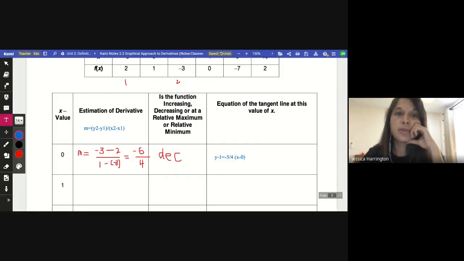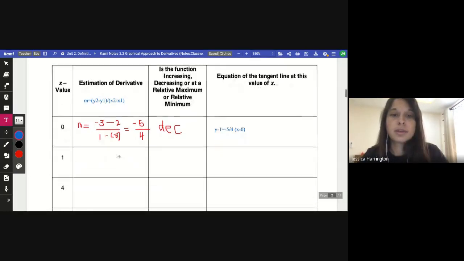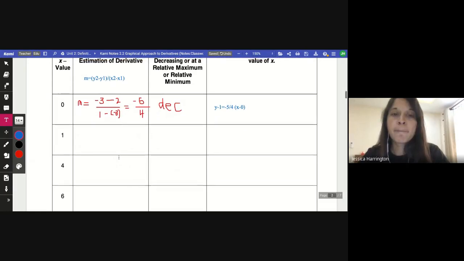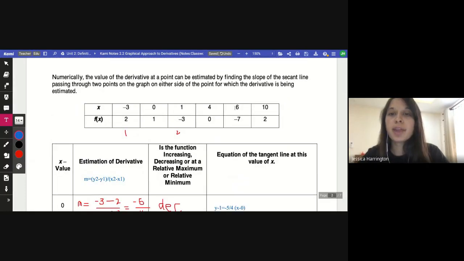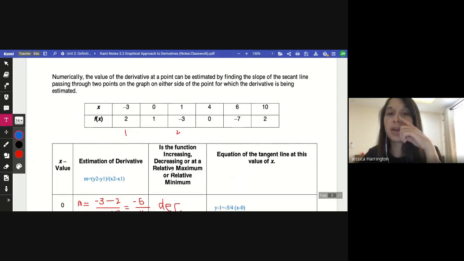So there's my equation of the tangent line at x equals 0 for the slope. All right, we're going to skip down to number 4. For number 4, I'm going to do the same thing, right? I'm going to keep my interval where my top point is 6, -7, and my bottom point is 1, -3.